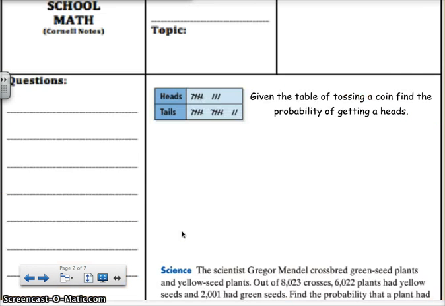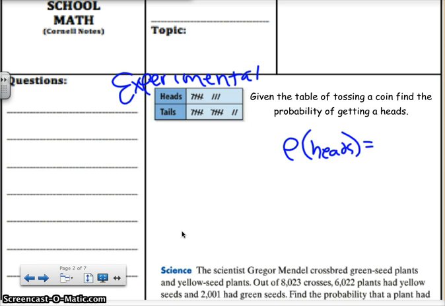Okay, given the table of tossing a coin, what's the probability of getting heads? Now tell me, is this an experimental or theoretical probability? Experimental, because I'm looking at a chart where somebody actively tallied something. The probability of getting heads is, I always start with a fraction, 8 out of how many total tosses? 5, 10, 15, 20.